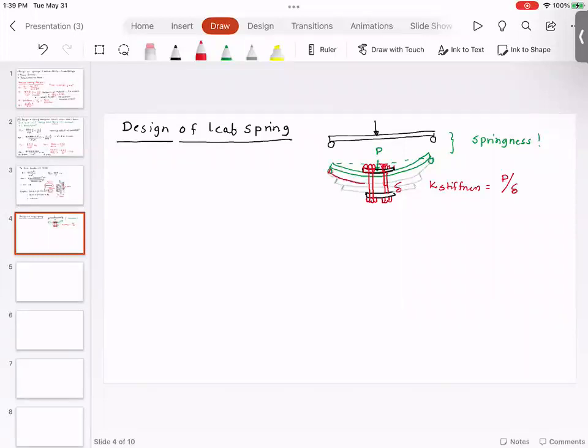So if I were to draw this as a sketch, the leaf spring would look something like this. And clearly, there will be eyes on either side. Those will be attached to the chassis.